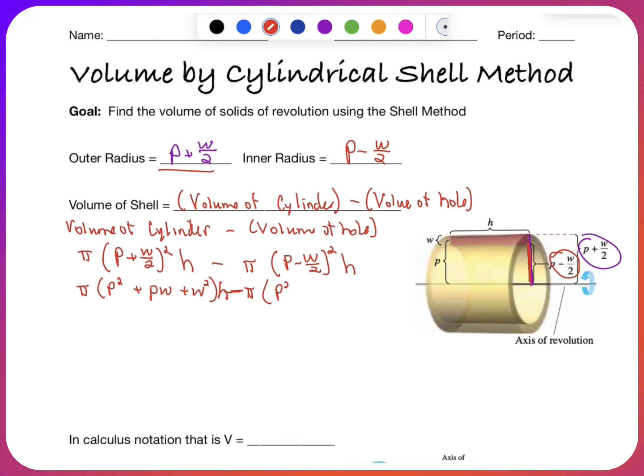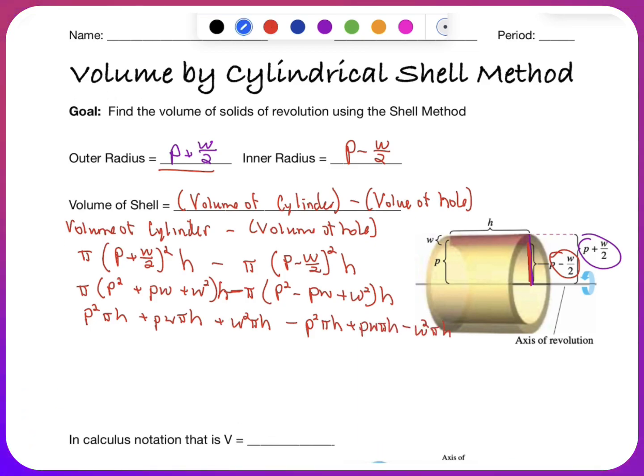So that's going to be P squared minus PW plus W squared times h. Okay, now let's just get rid of the parentheses by distributing pi h to each term. Don't forget to distribute our negative and also the pi and the h here.